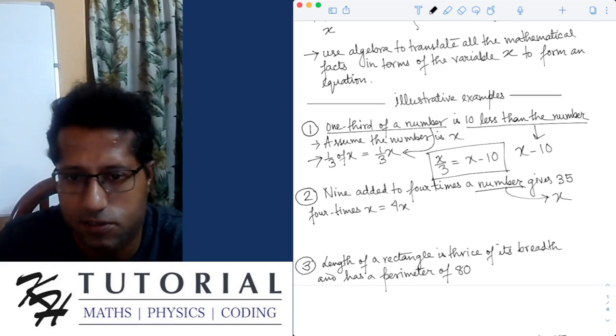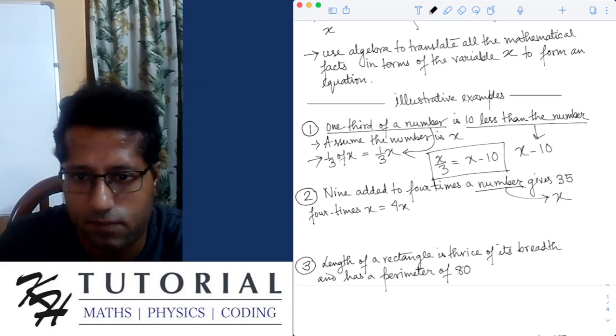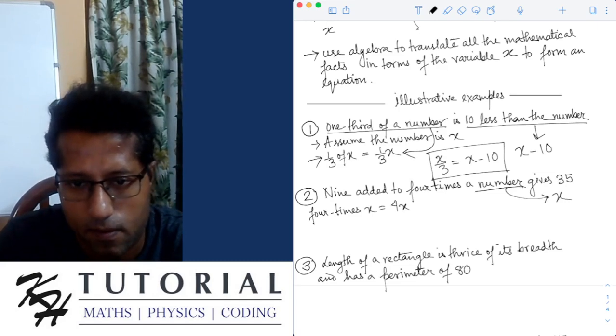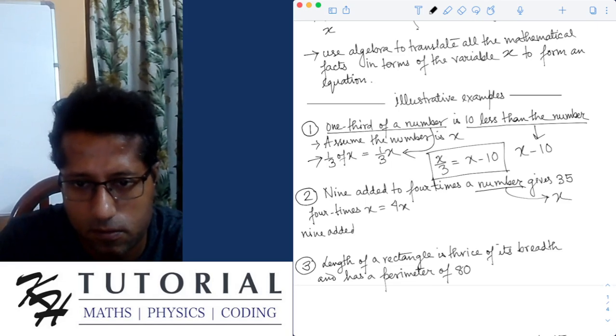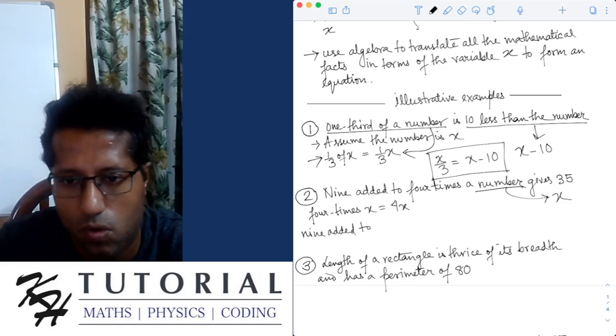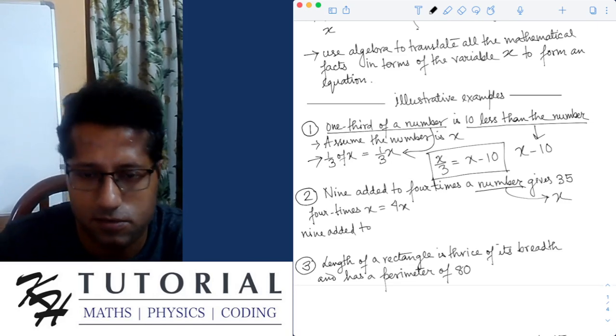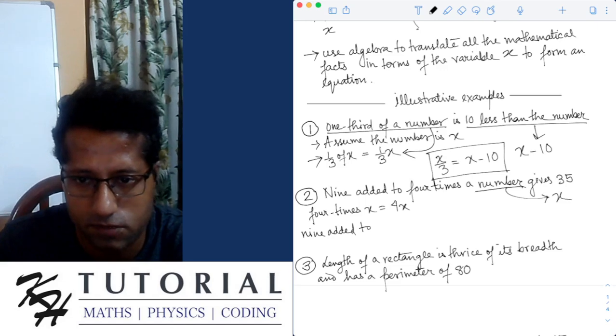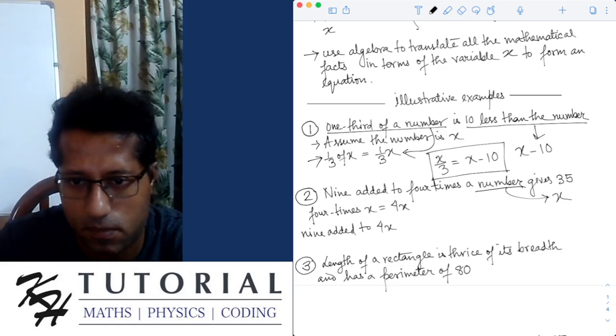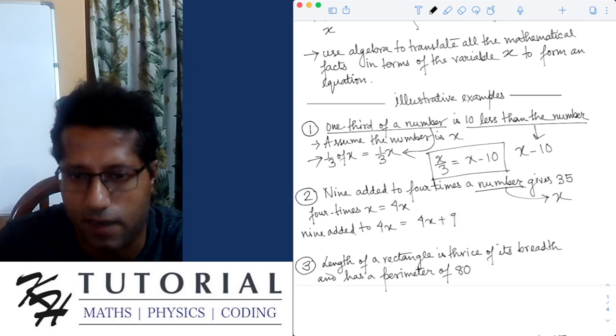Okay, now it's saying that 9 added to 4 times a number. 9 added to 4 times x, and 4 times the number means 4x, which we have found. Now 9 added to 4x equals 4x plus 9.